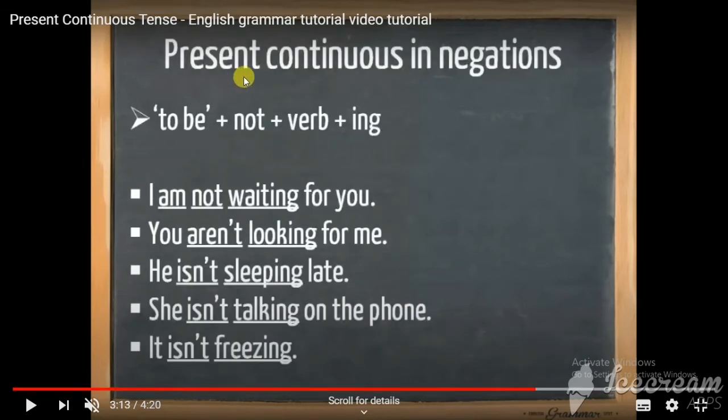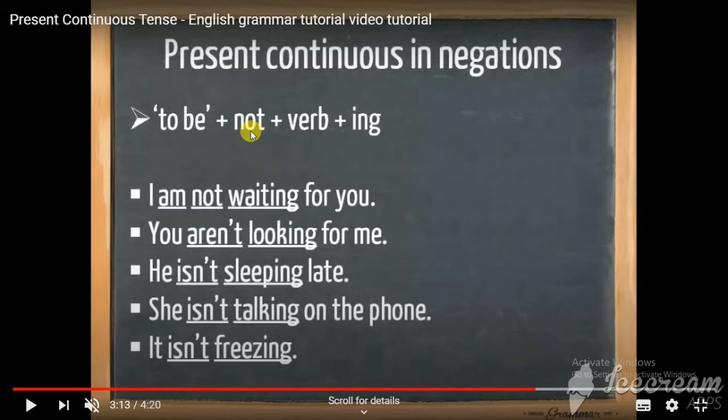Okay, now how to form the present continuous negative form. How to form the negative. We know if we want to make a negative sentence, we must add not to the verb. And not needs a helping verb.